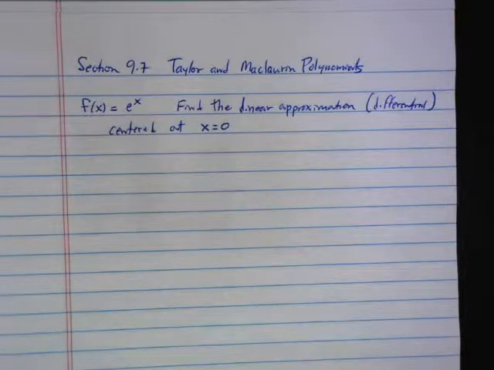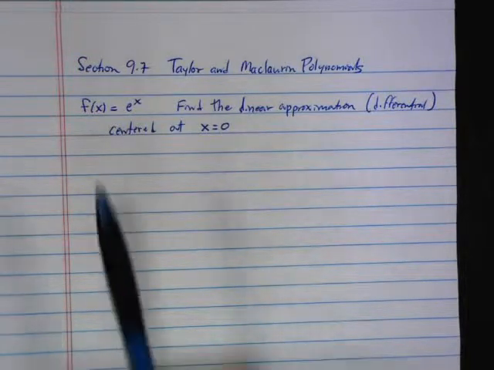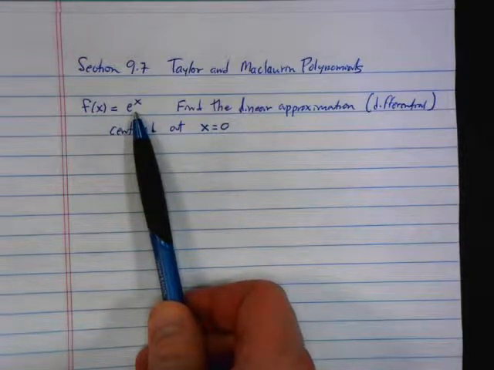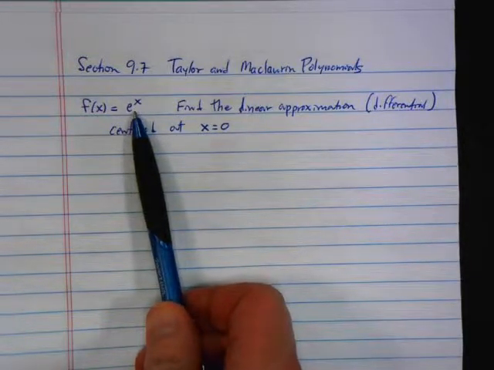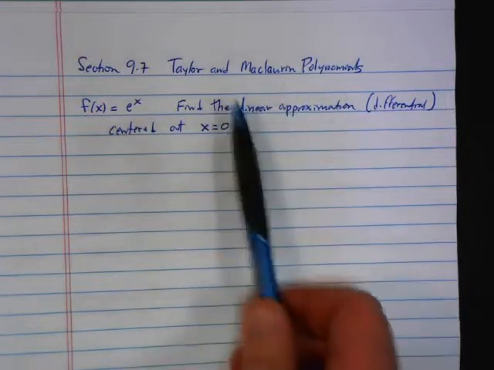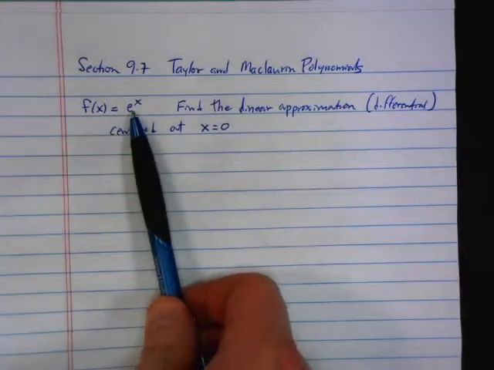Linear means it's a line, it has a slope, that's correct. And what do I mean by linear approximation? Well, if I were to graph this, e to the x, what do I get? I get an exponential curve. I don't get a line, do I? But what I'm asking you to do is find an equation of a line that comes close to matching this e to the x function at x equals 0.